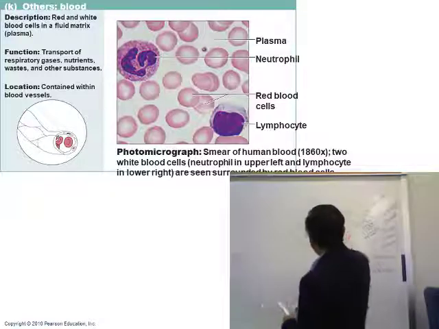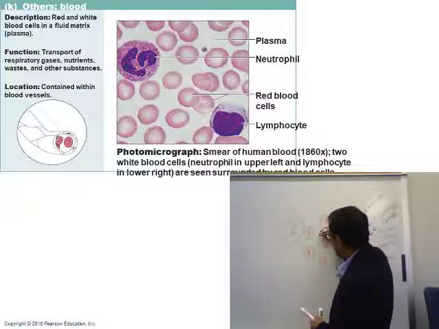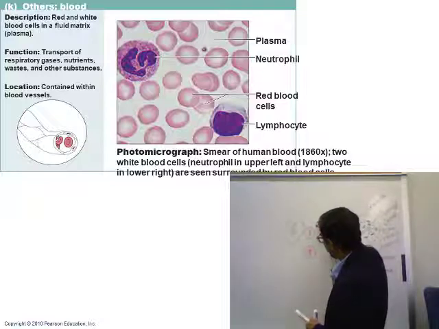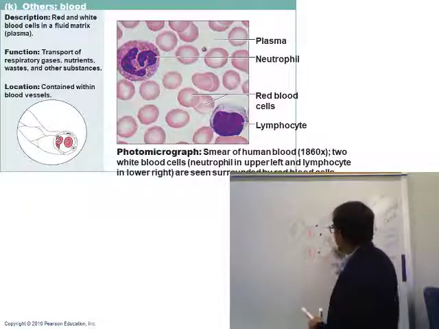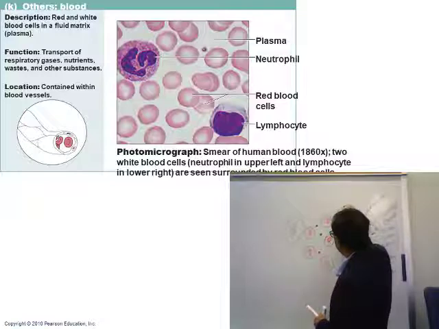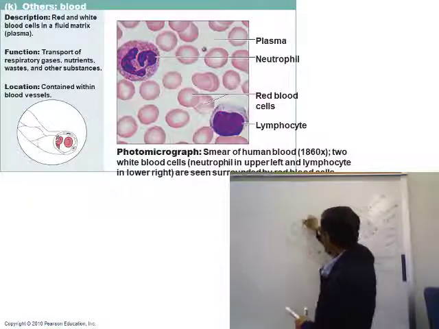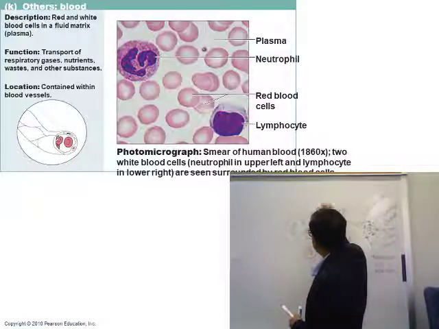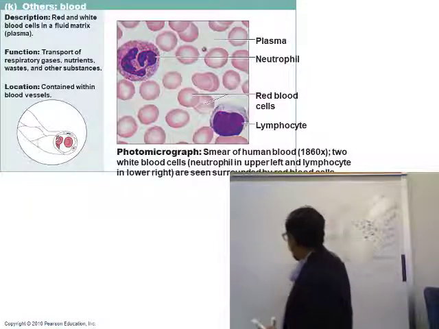Okay? And platelets are very tiny, small cells in the blood. So red blood cells for RBC, white blood cells for WBC, and platelets. Okay? Those are the cells, three types of cells.